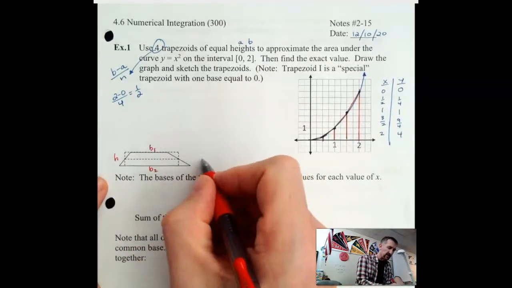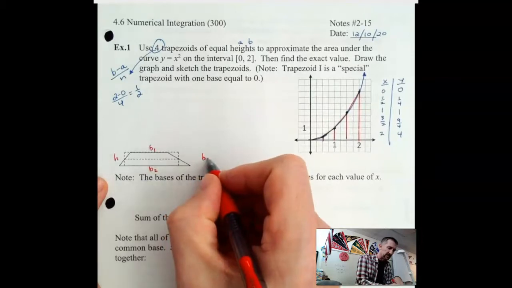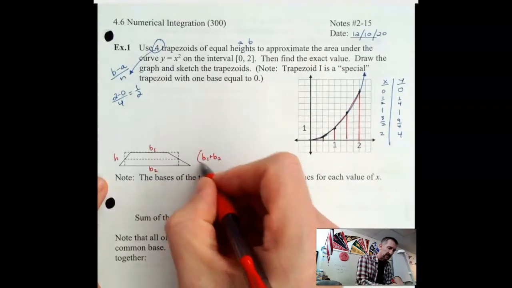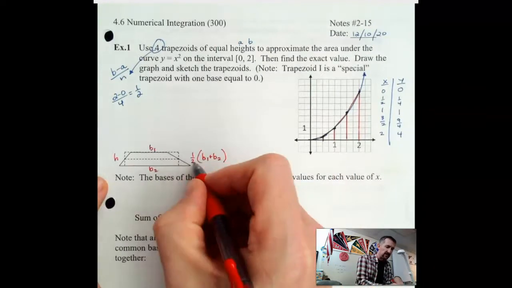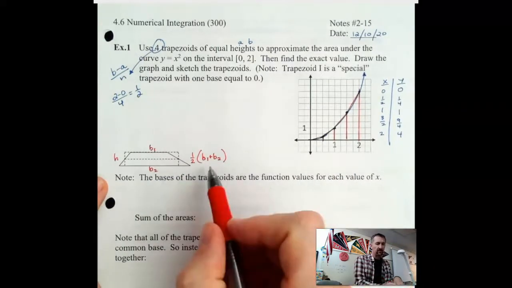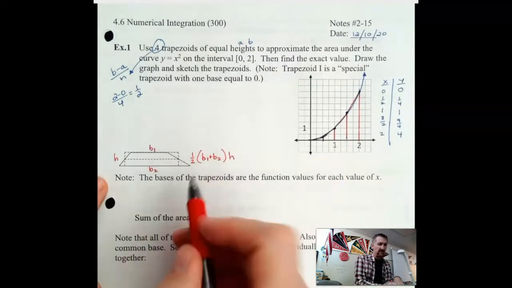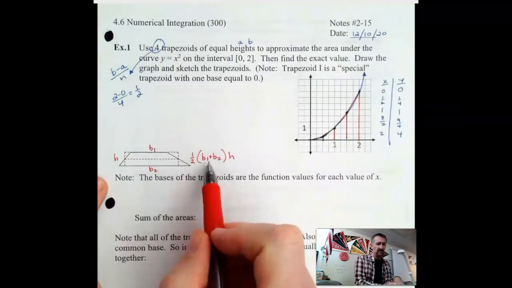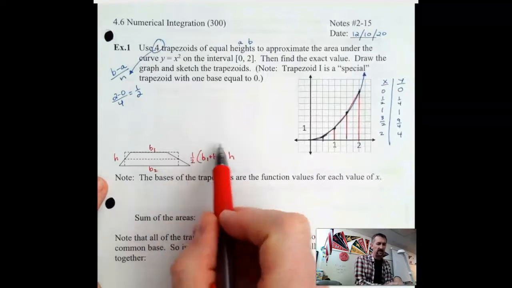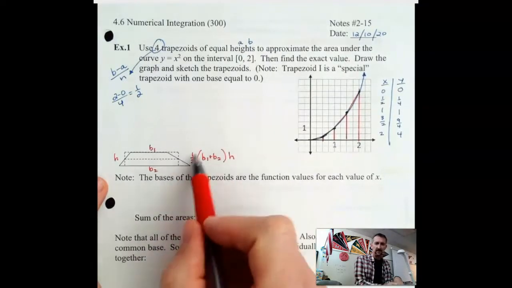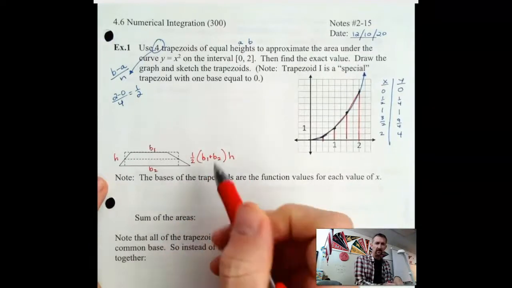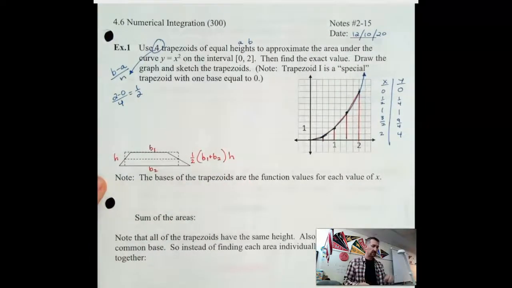So the area of the trapezoid is the average of the bases times the height. I usually do it like this, the average of the bases times the height, because when we add the two bases together, if we get an odd number, sometimes I'll take half of the height if the height's even. But the average of the bases times the height is the formula for the area of a trapezoid.